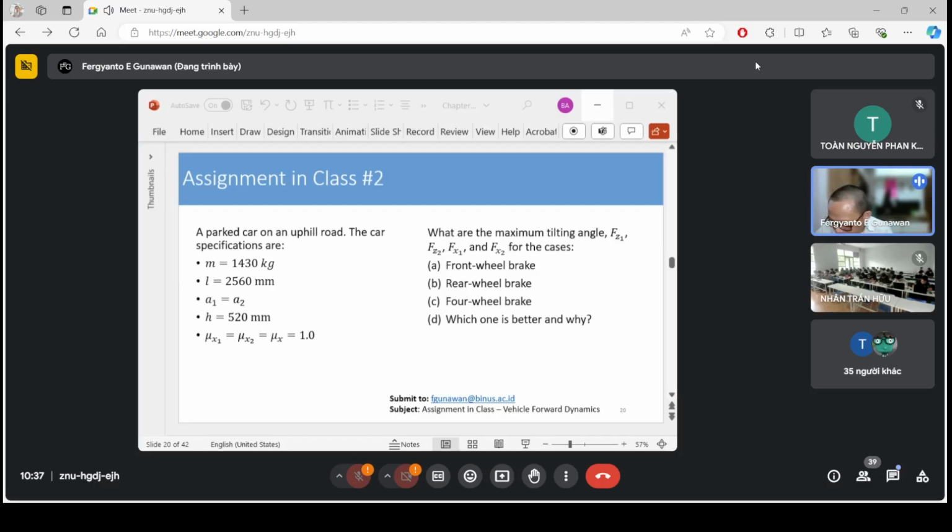Generally speaking, you should submit the assignment before next week. So you have around one week for submitting the assignment.